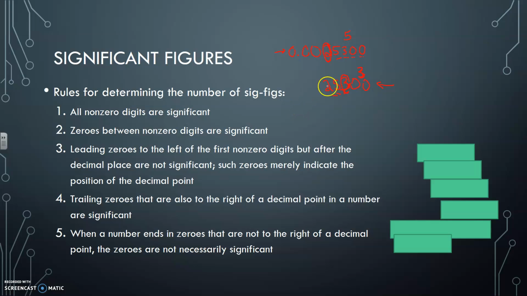All right? Well, this number doesn't actually indicate if these 2 zeros are significant or not. They are assumed not to be because there is no indication, okay?